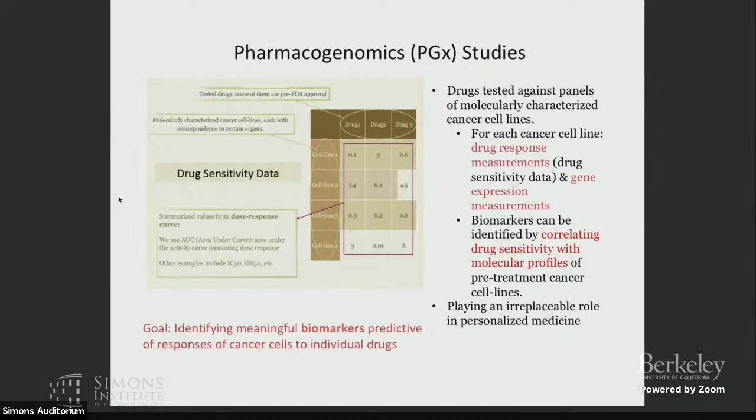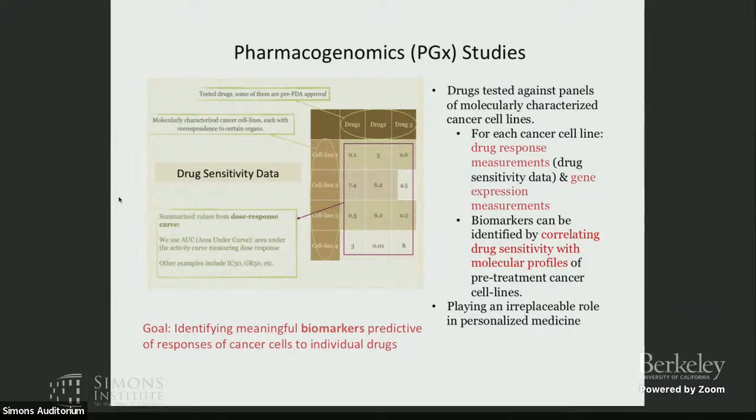The typical pharmacogenomic studies involve drugs tested against panels of molecularly characterized cancer cell lines. So the typical data involved include drug response measurements, like the drug sensitivity data listed here. I will explain a little bit more, since that is the major data set we will work on, and also gene expression data, and other types of molecular profiles of the cancer cell lines.